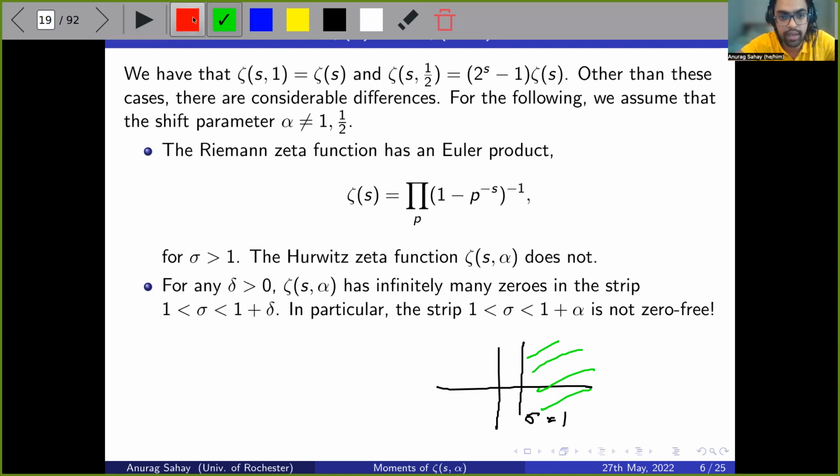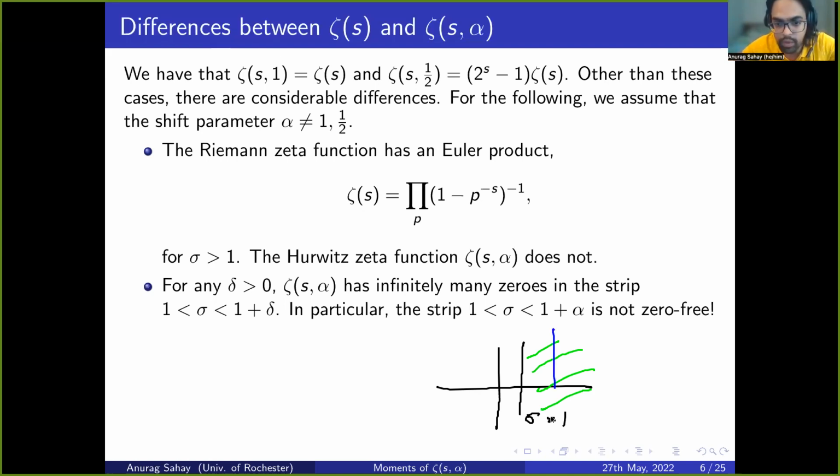What we know from Spira's result is that if you take this line, sigma equals 1 plus alpha, the Hurwitz zeta function is zero free to the right of here. But in between over here, you can show that there are infinitely many zeros of the Hurwitz zeta function, which is quite different from what we know about the zeta function. This is not even in the critical strip.